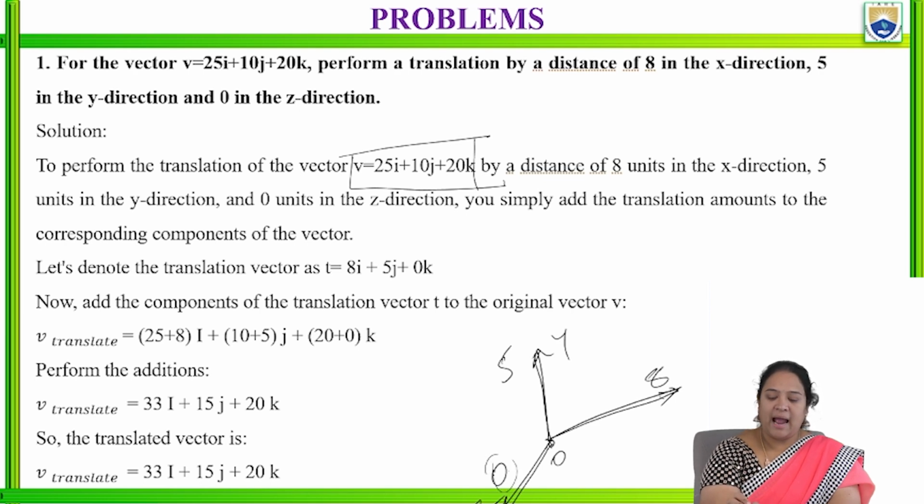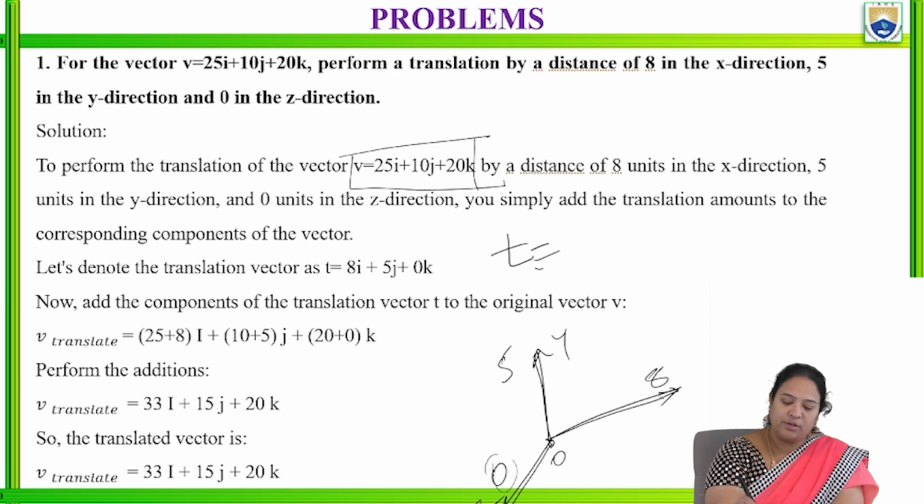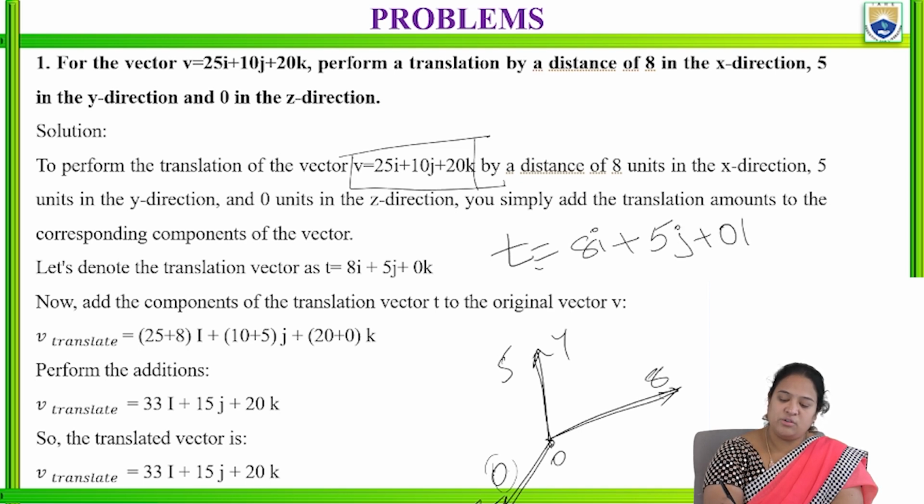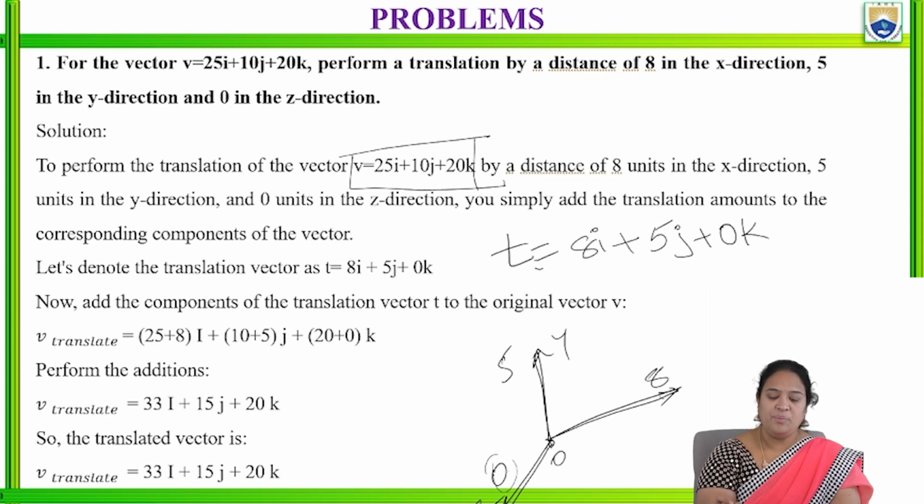So you simply add the translation amount of the corresponding component to the vector. That is, translation is t equal to 8i plus 5j plus 0k.